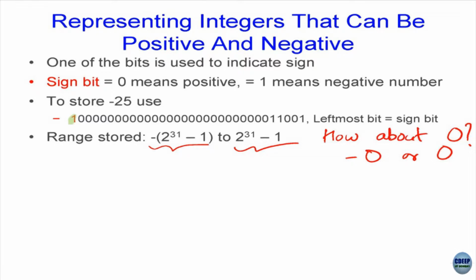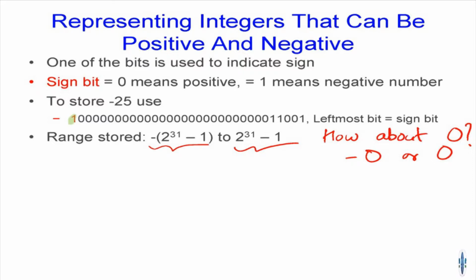So that's one small change we have made here. Now suddenly the range has shrunk. Well, the range of positive numbers has shrunk. So what you have is only 31 bits for storing the actual value, the magnitude. So you have minus of 2 raised to 31 minus 1 to 2 raised to 31 minus 1.